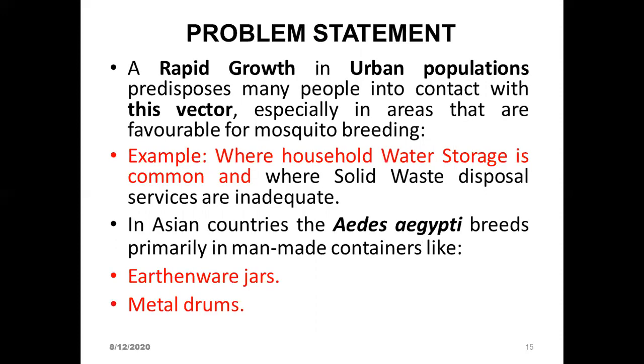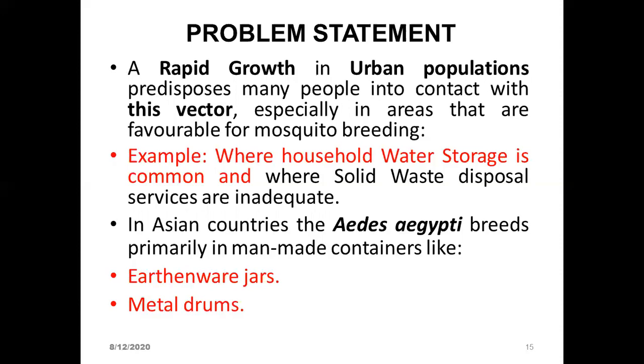A rapid growth in urban populations predisposes many people to contact with this vector, especially in areas that are favorable for mosquito breeding. So due to rapid population growth, the urban population has increased, and in this way they have much contact with this vector, and that's why the urban areas have more cases than the rural areas, because the urban areas have household water storage facilities where solid waste disposal services are already inadequate.